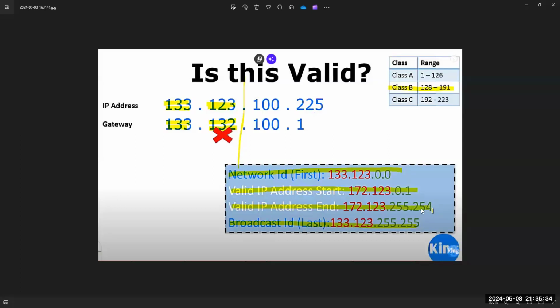Because the host will always be minus 1, since it starts from 0 to 1, right? 0 to 254, so it will be minus 1. And the broadcast address will be this one. Clear? So this is the way we have the valid IP addresses.